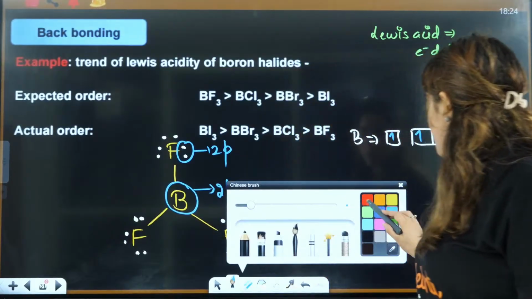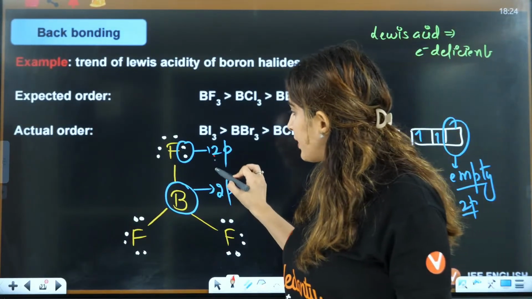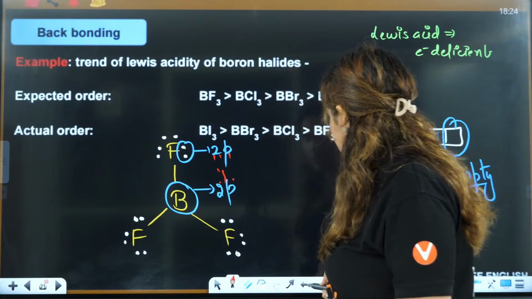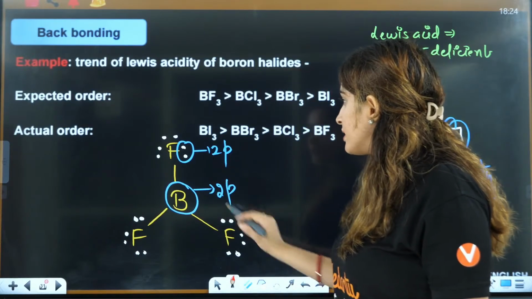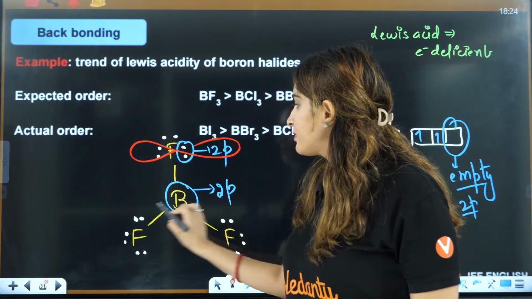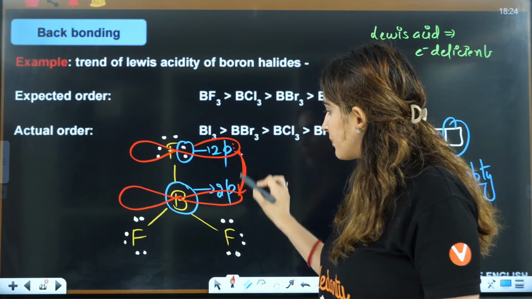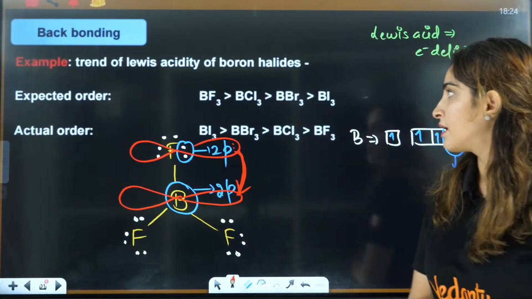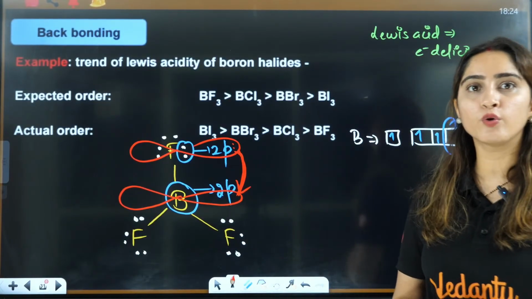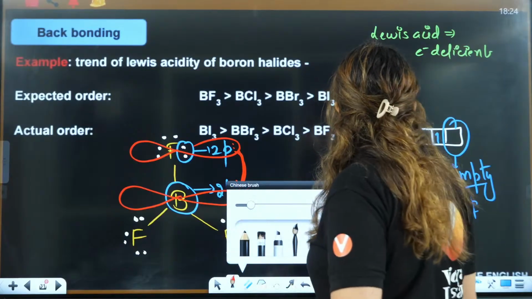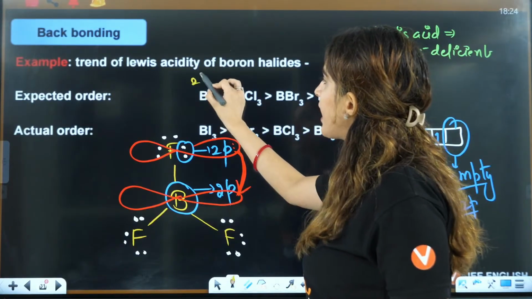So because of this, what will happen? There will be 2p, 2p donation. This lone pair will be donated to this 2p, right? But ma'am, that can happen in chlorine as well. So what happens here? Boron always has 2p.